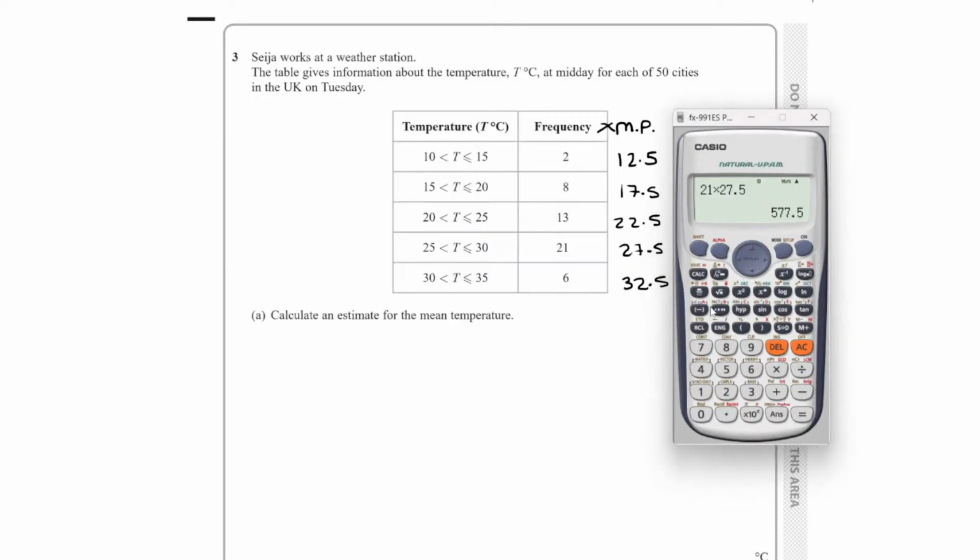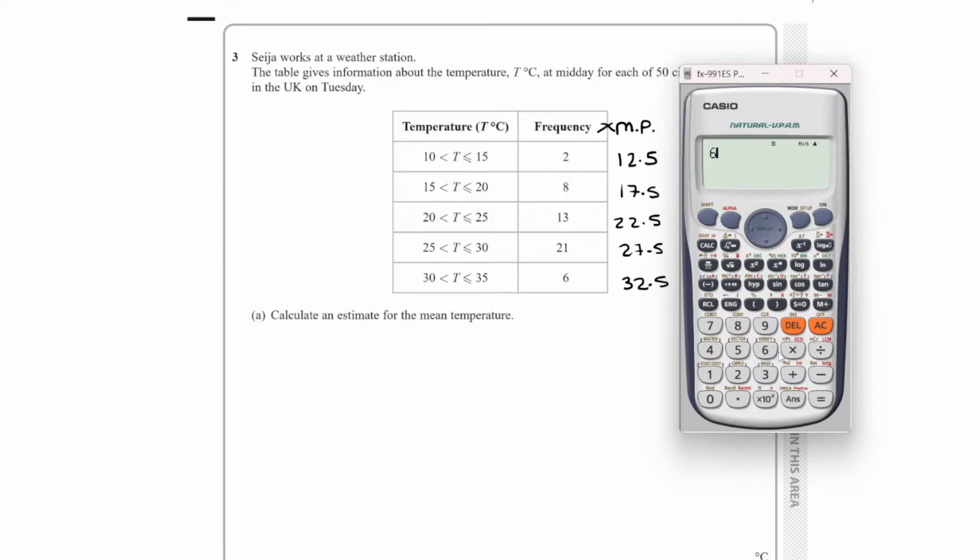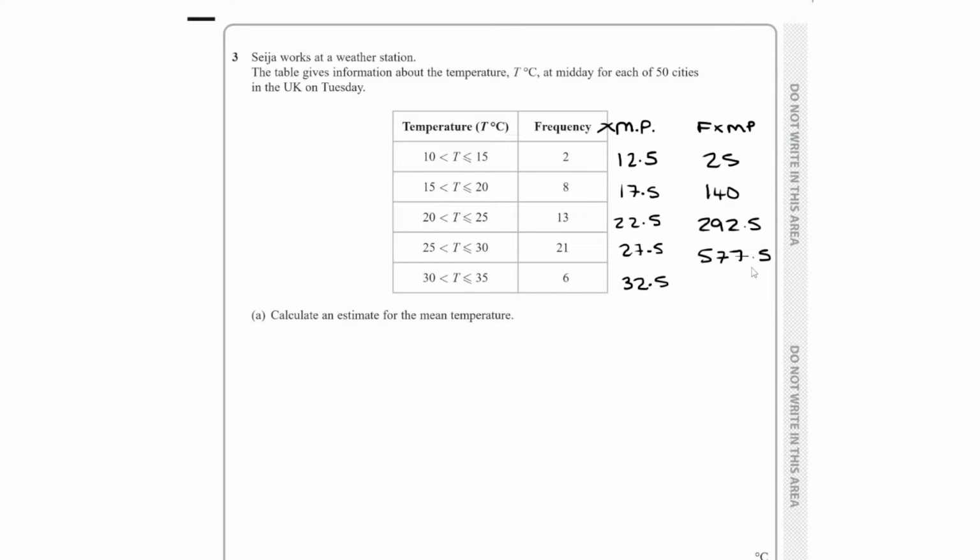And lastly, 6 times 32.5, 195. Okay, so you do those 2 columns. Then we have to add up this column here. We need to know the total of the frequency times the midpoint.